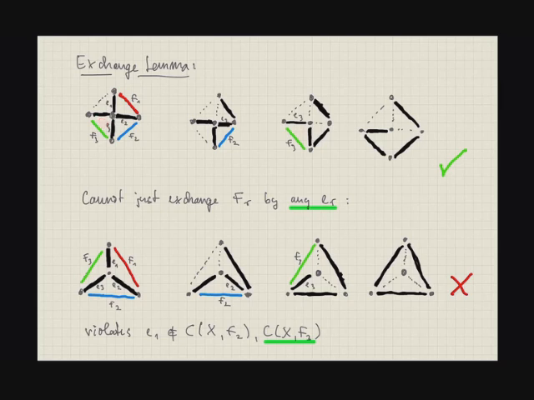Okay, and well, we already figured out that for this example, the lemma works. And the bottom example down here shows how this could go wrong. So essentially, this looks like the exact same situation as before. We have these three triangle cycles here in red and in blue and in green.